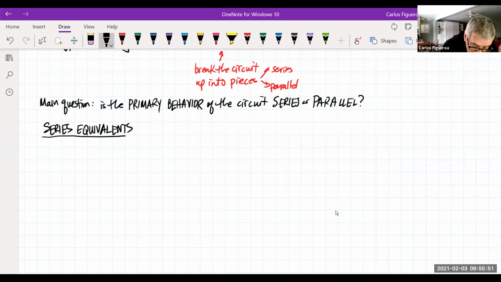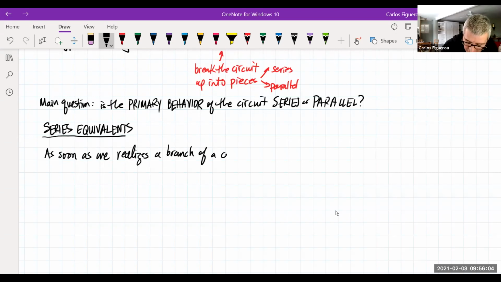So as soon as one realizes a branch of a circuit is series, there are 4 characteristics.